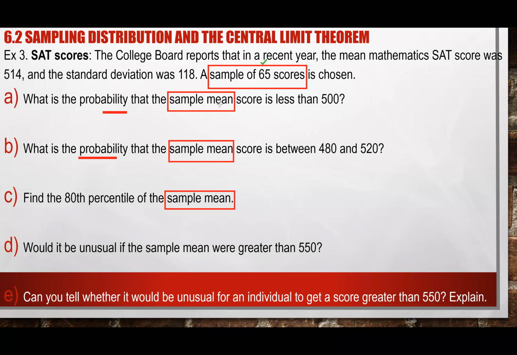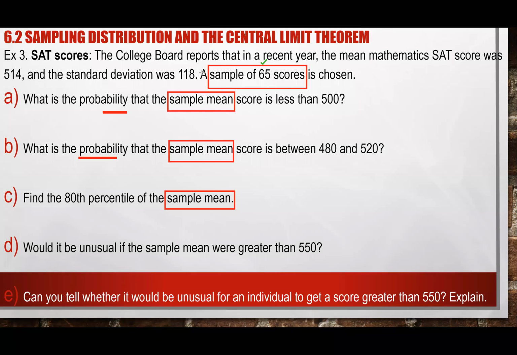So if they tell you find the probability of the sample mean, we know we have to deal with the sample, and to do that we have to find the standard error, which means we have to manipulate our standard deviation. We cannot use the 118. And that's what you need to be looking for.